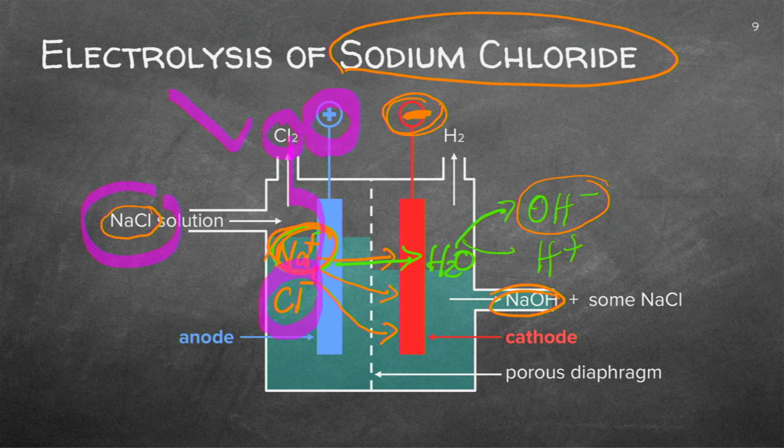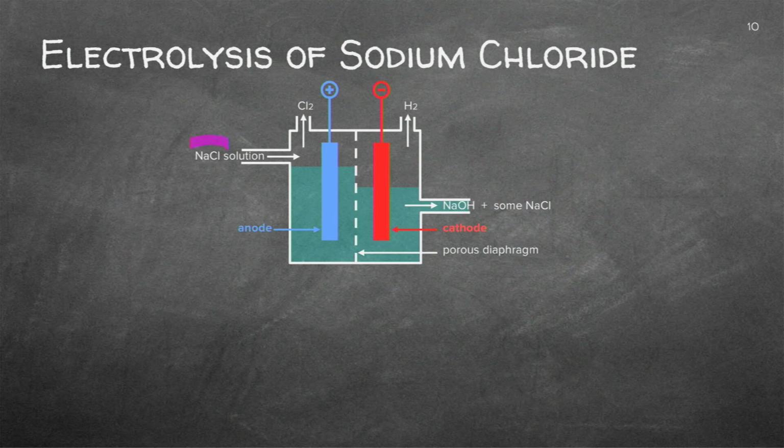What will happen with the hydrogen? Can you see here? It's the negative pole there. The hydrogen is positive, so it will form hydrogen gas. So let us have a look. We started off with sodium chloride. We also threw in water. What did we make? We made chlorine gas, we made hydrogen gas, and sodium hydroxide.